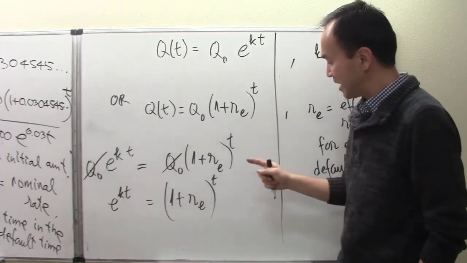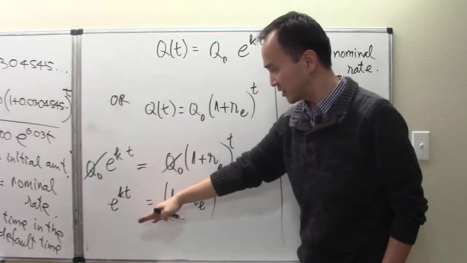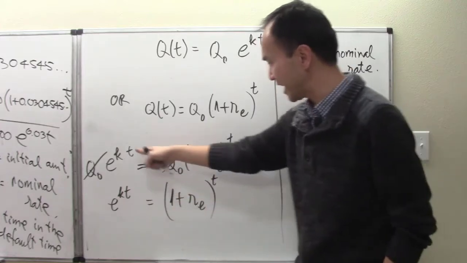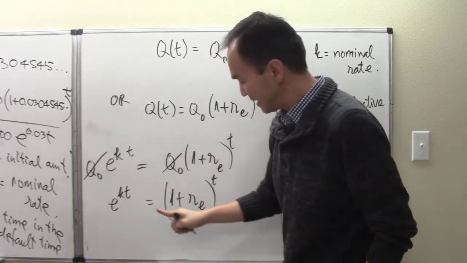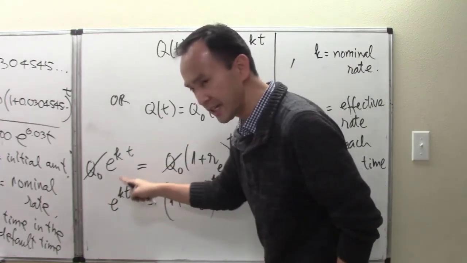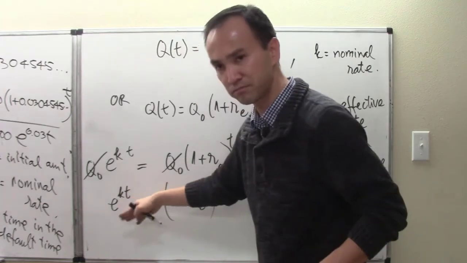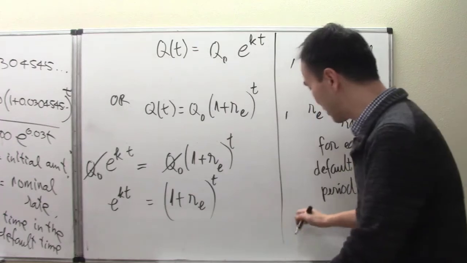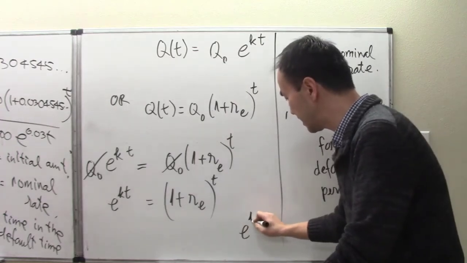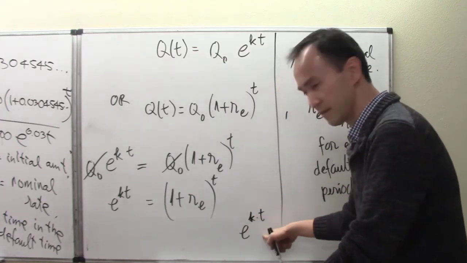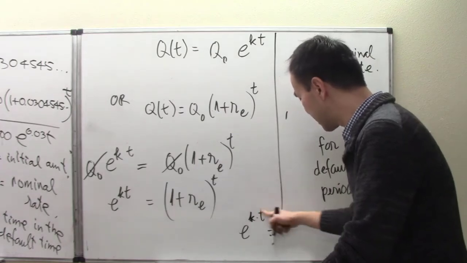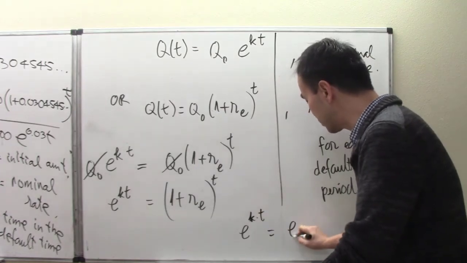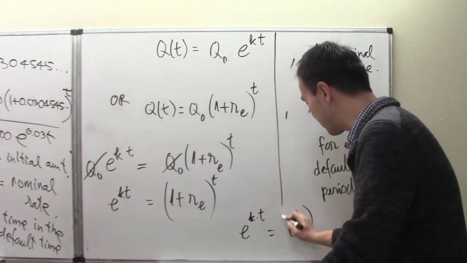Okay, and so now continuing my algebra work here after canceling out, this is what I ended up with. The left-hand side e to the kt is, with a little algebraic understanding, allow me to explain, a product between k and t. And so that means I can think of that as e to the k raised to the t power.